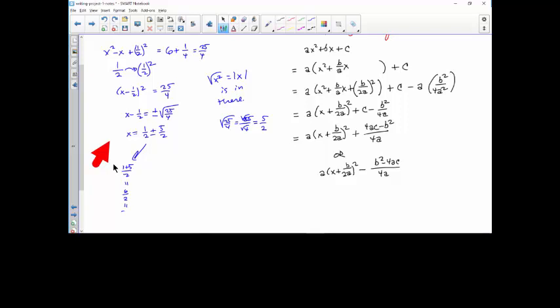There's my positive 3. And then 1 half minus 5 halves, 1 minus 5 divided by 2, that's minus 4 divided by 2, and that's equal to a minus 2, just like we wanted, right? So x is in this set, and you're done with that problem.